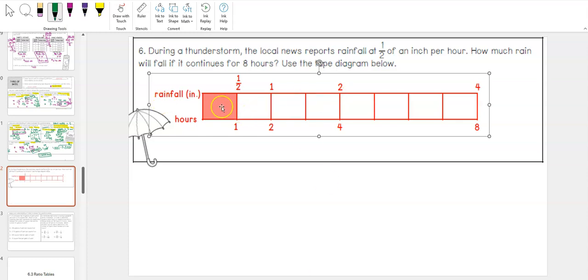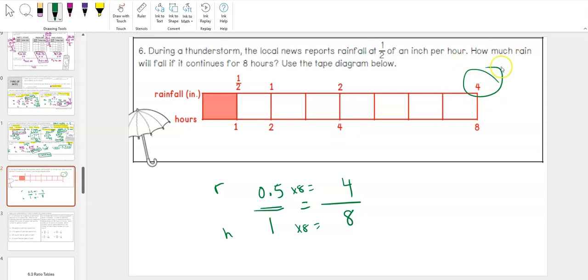And what we ended up doing was dividing it into even chunks here. Rainfall on top, hours on the bottom. So because it was 1/2 inch per hour, we then did tick marks to go all the way up to the 8 hours. So we did 8 tick marks, 1, 2, 3, 4, 5, 6, 7, 8. And each of those tick marks represents 1/2.